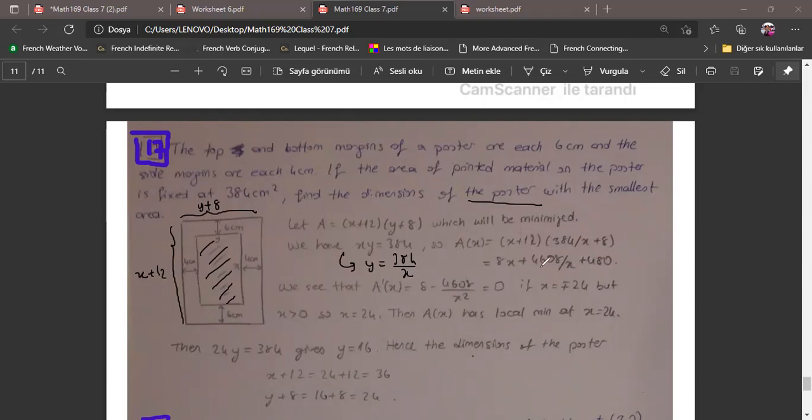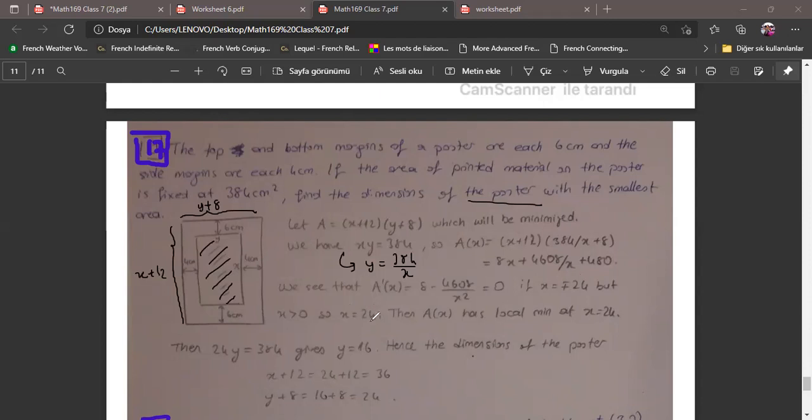Now, how do we minimize it? We take the derivative of this function and equalize it to 0. So x is either plus 24 or minus 24, but it cannot be negative as it's a dimension. So we have x equals 24.